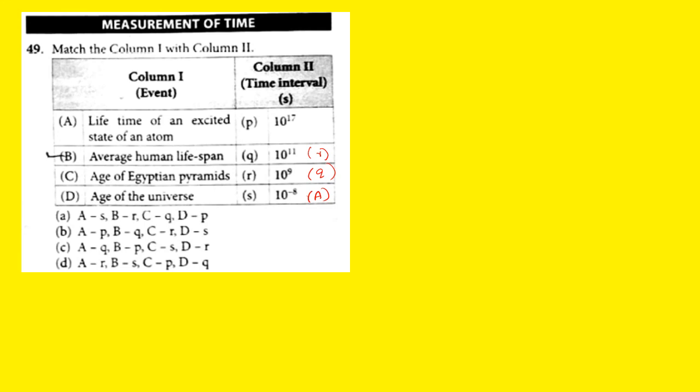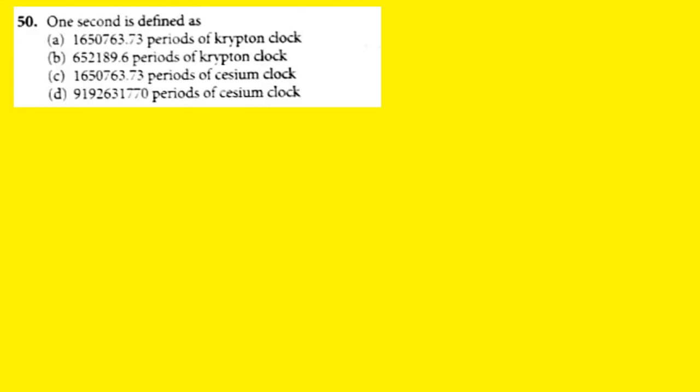Age of the universe is 10 to the power of 17. So S, R, Q, P. So option A is the correct answer. All these things are from our memory only, children. So please memorize and make a note on that paper.